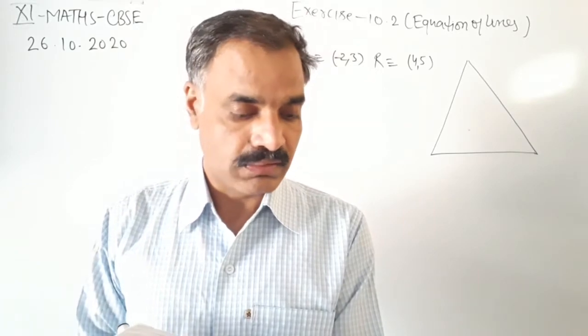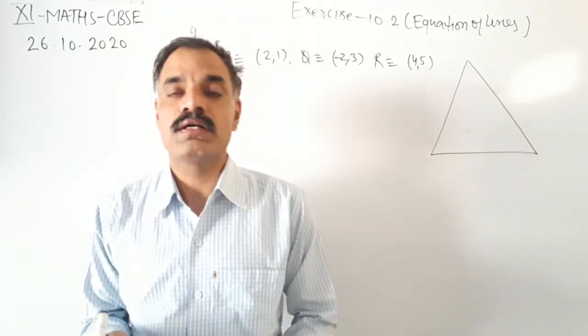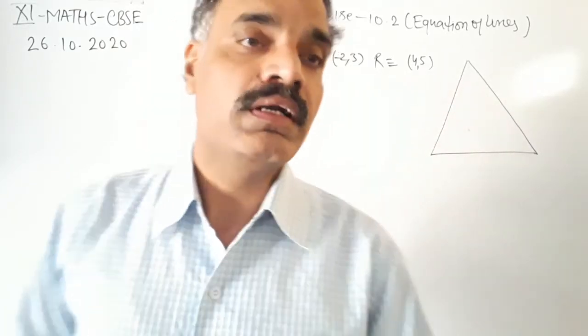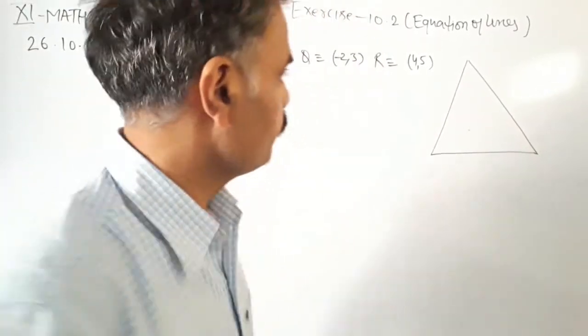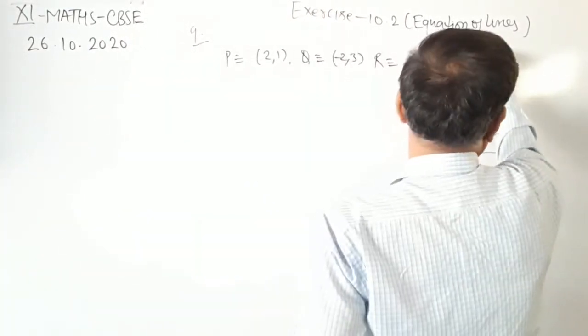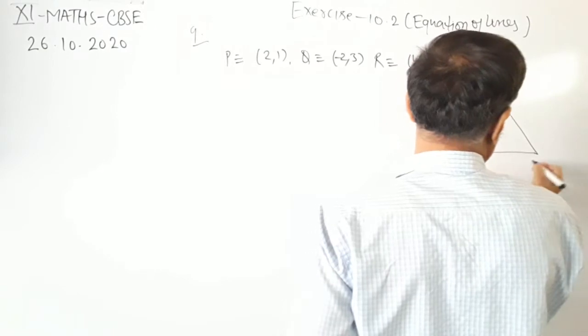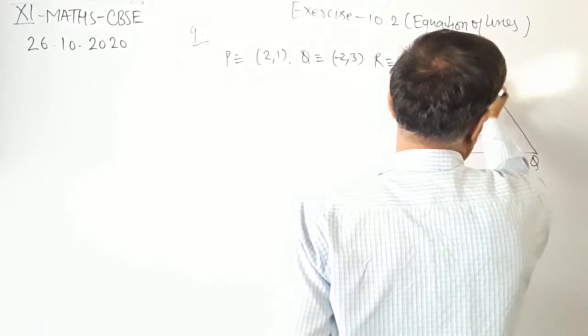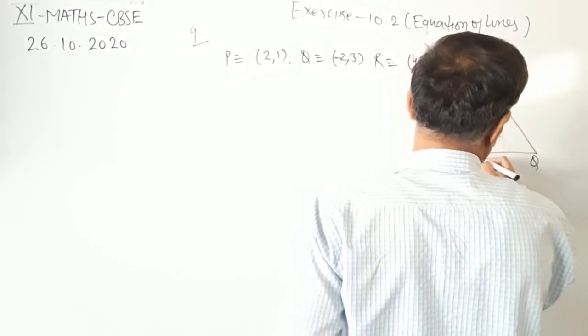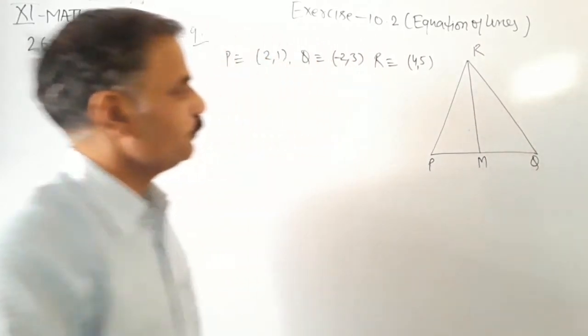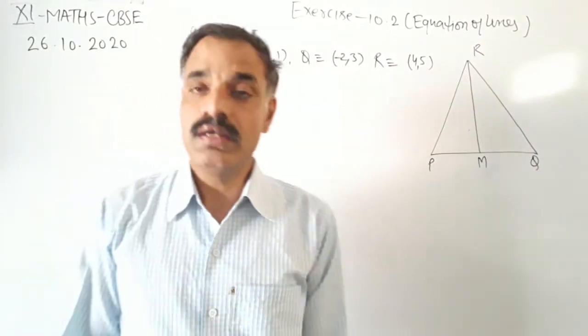Now we have to find the equation of the median through the vertex R. Suppose this is vertex R, this is P, and this is Q. We have to find the median RM.